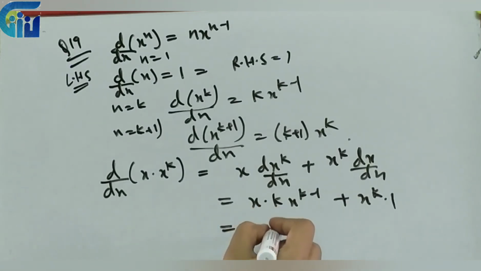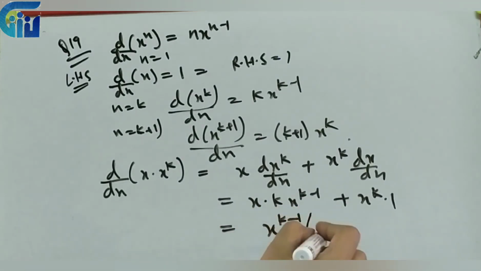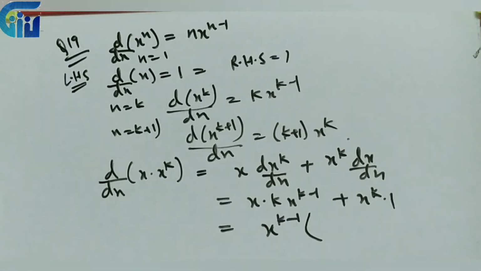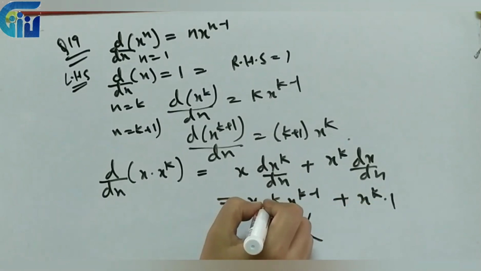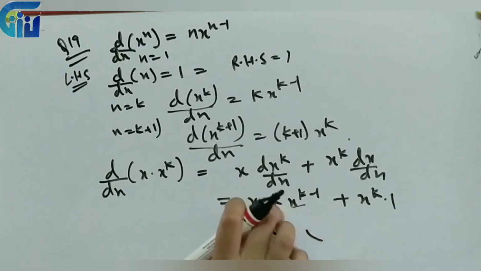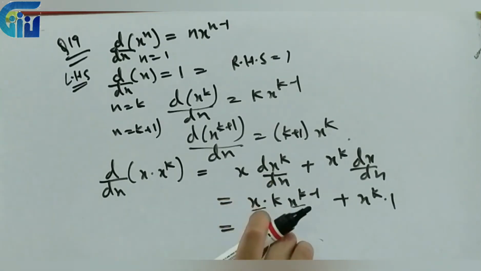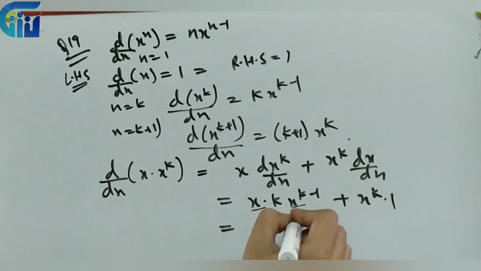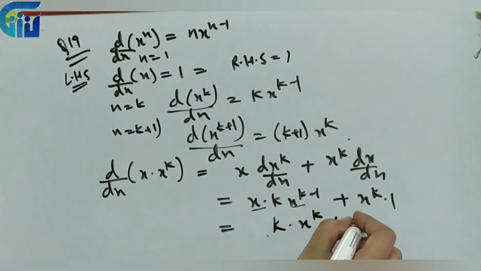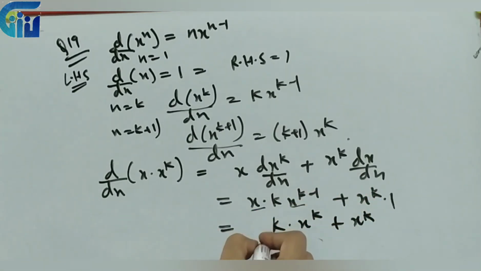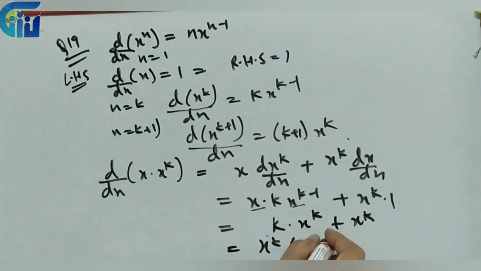Now if I take x^(k-1) common, x times x^(k-1) gives x^k. So this will be k x^k plus x^k. So we take x^k common and we have (k+1) x^k, and hence the result by PMI.